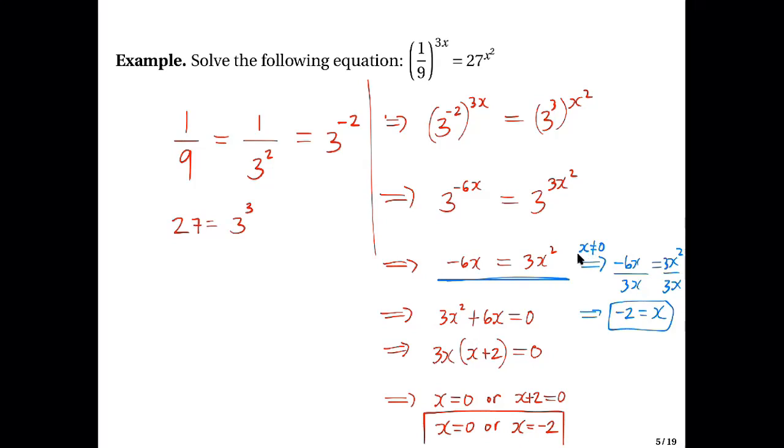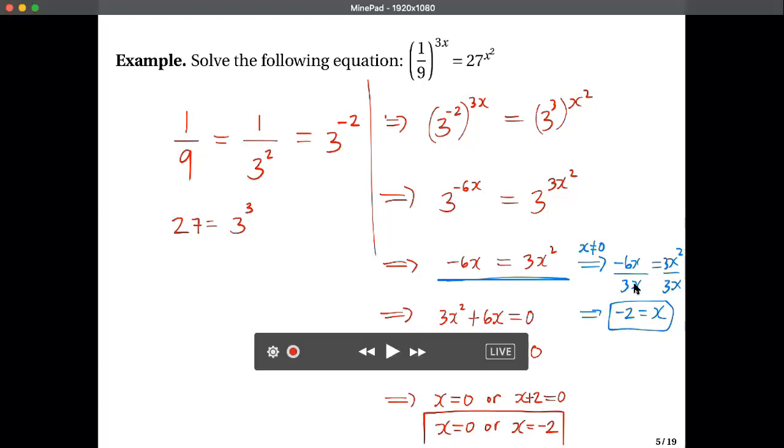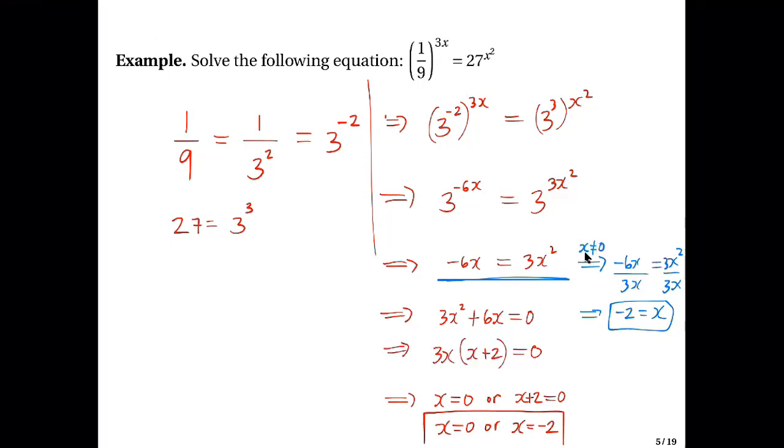But then again, after getting this, what about the case when x equals 0? Okay? So again, when you do something like this, you are adding a condition. Particularly for this, the condition is that x must not be equal to 0.